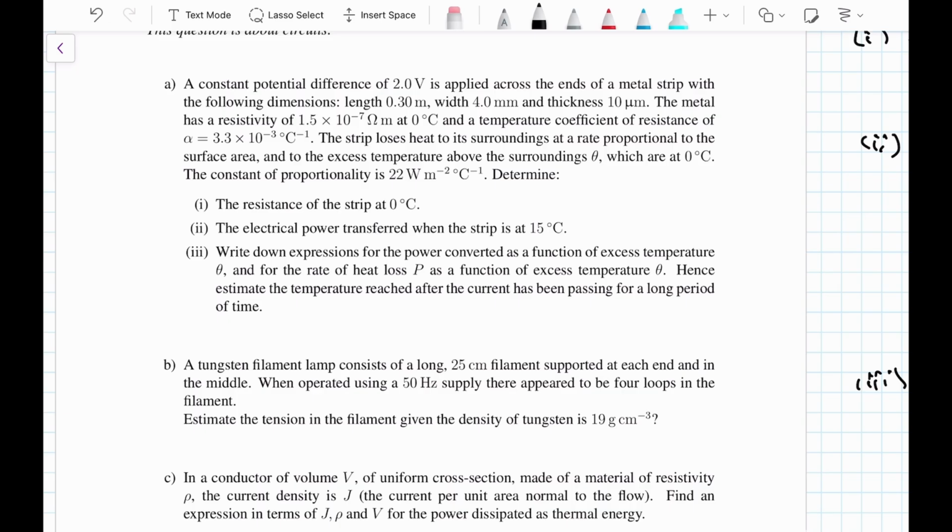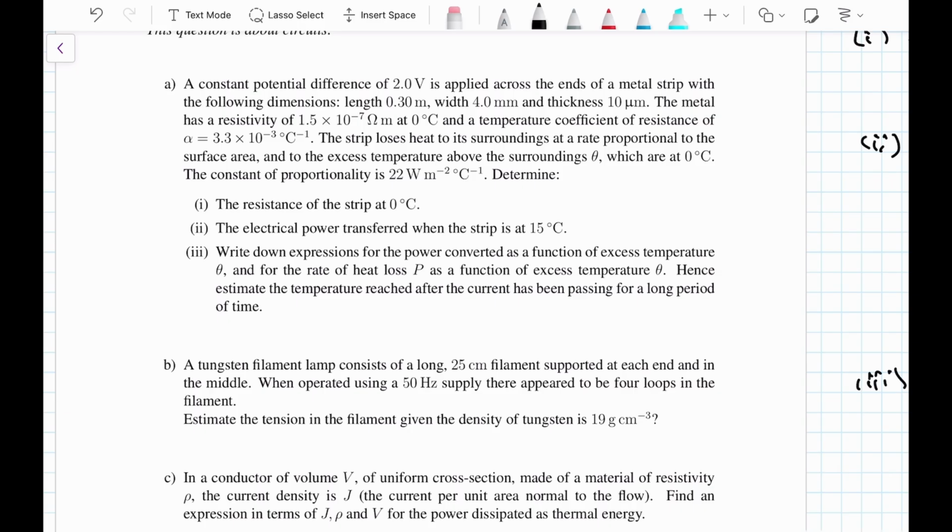So we need to express the power converted and the power loss in terms of the temperature, and then we can set them equal to each other. That is when thermal equilibrium is established, and that is basically the terminal temperature reached.